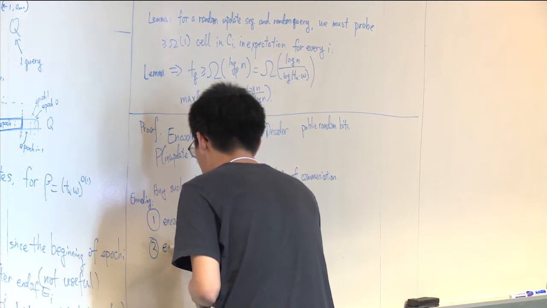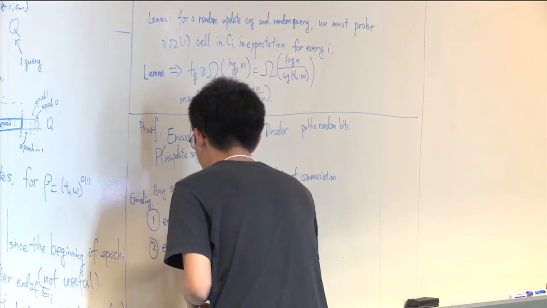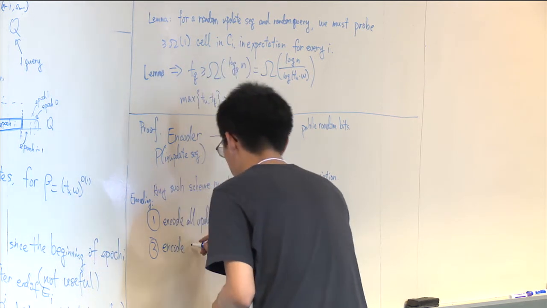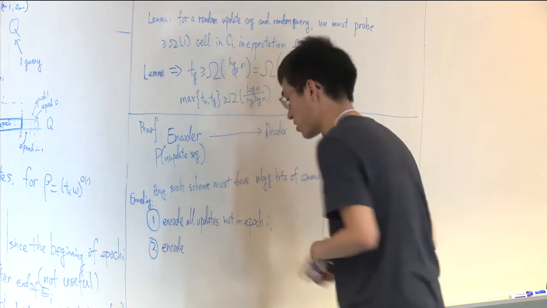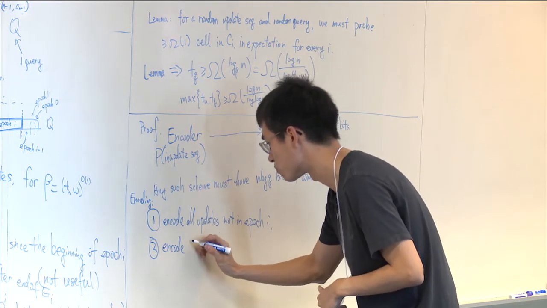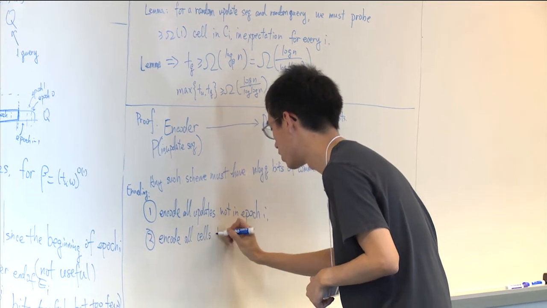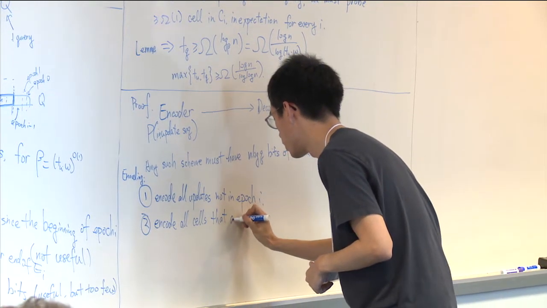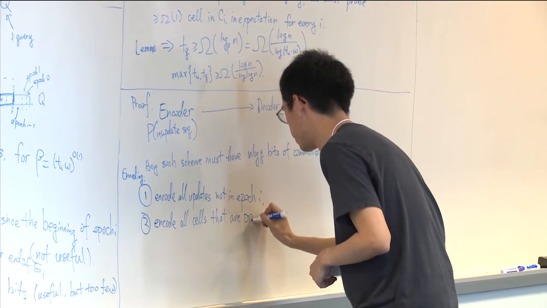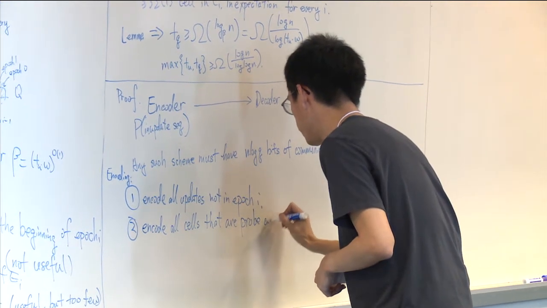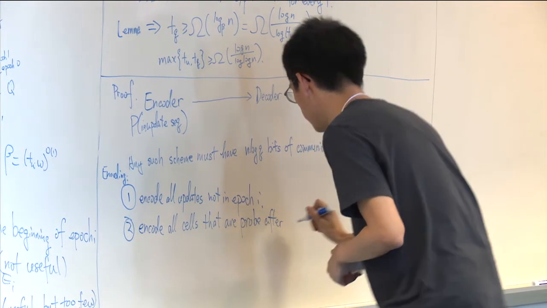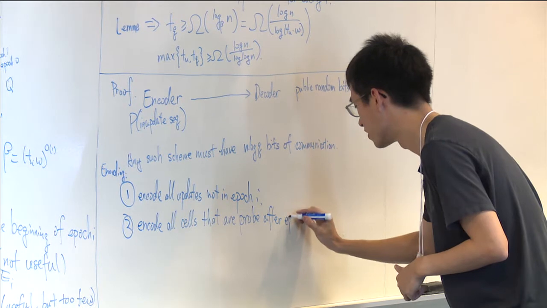So we encode all the cells that are touched after the ith epoch, by just writing down the contents and the addresses.